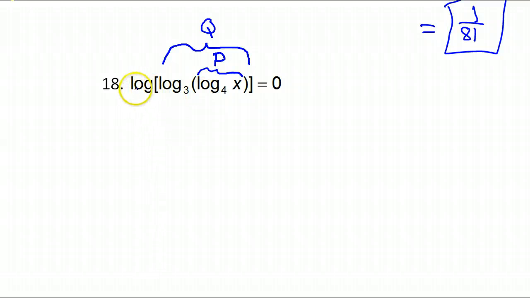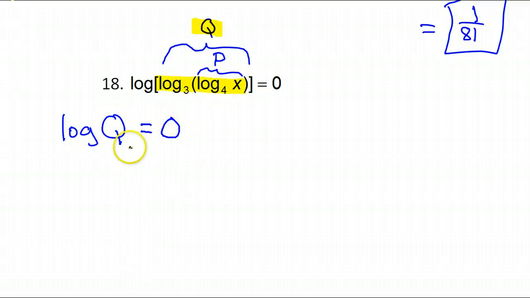So let's just look at the outer function, log. For starters, I have the log of, and the rest of this, everything I'm highlighting in yellow, all of that is Q. So really I just have the log of Q. The log of Q is equal to 0.